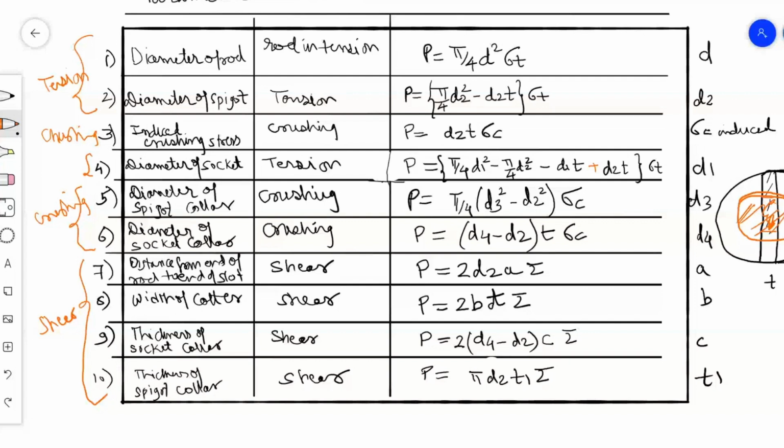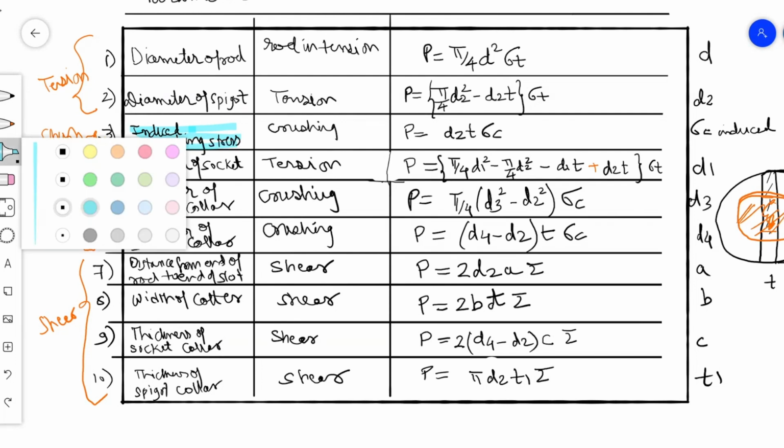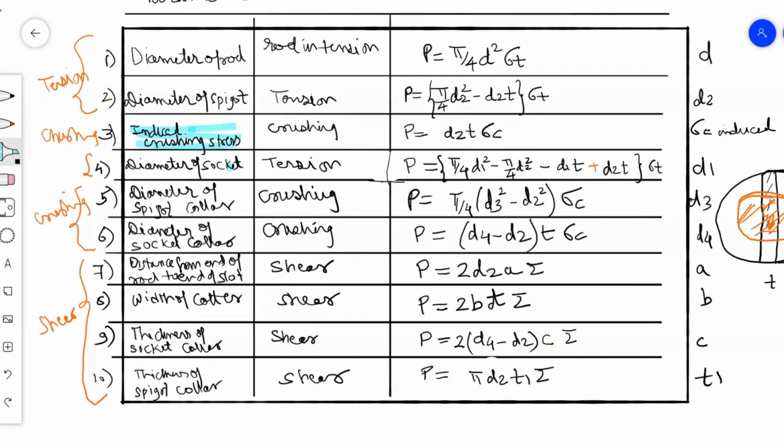Now if I talk only about the cotter, then where is the cotter involved? Wherever you get t, you get involvement of the cotter. See, the cotter is involved here. Then where else is the cotter? Where you see b and t, here there is the cotter.